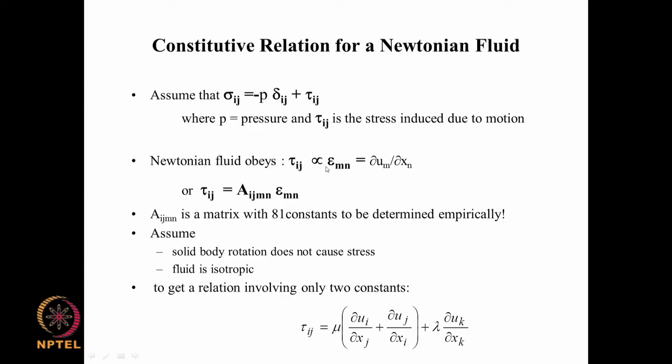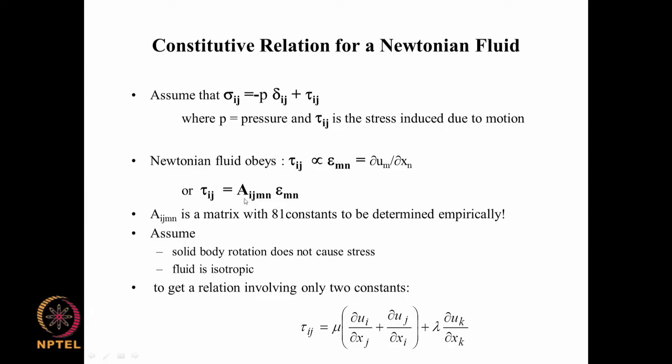So, when you are looking at a linear relation between one stress component and another, the most generic relation will have a coefficient matrix which contains 9 stress components here and 9 strain rate components. So, this is a tensor, this is a tensor. So, there are 81 coefficients that appear in this. Okay.